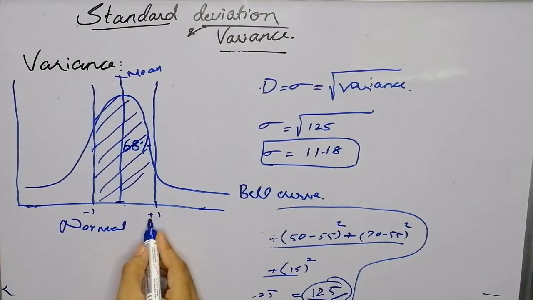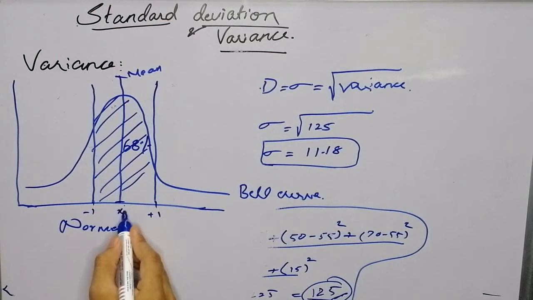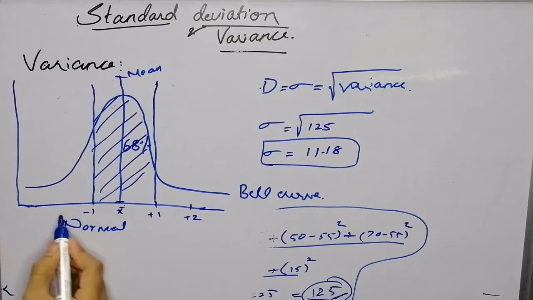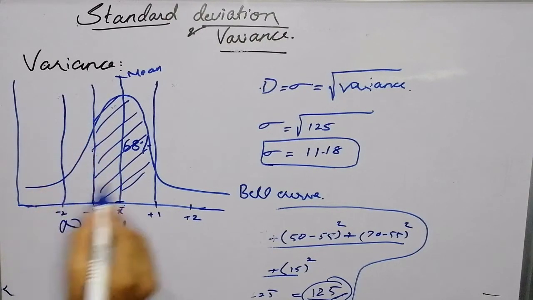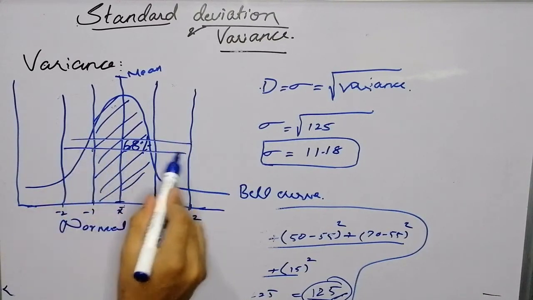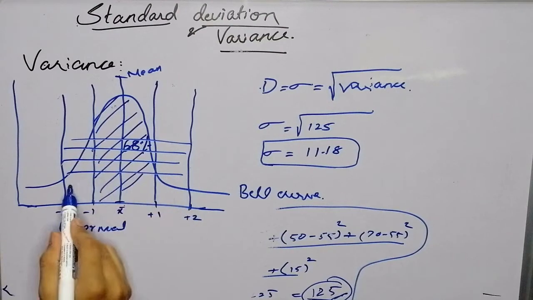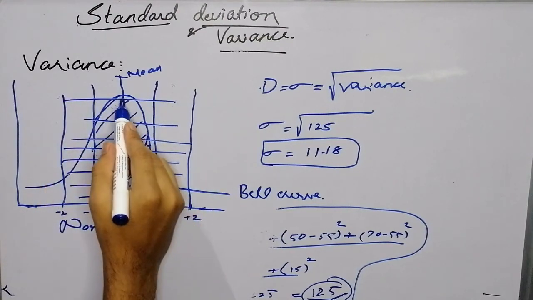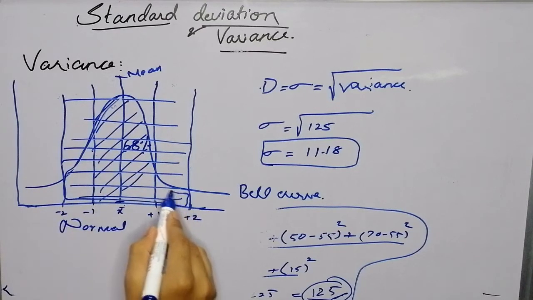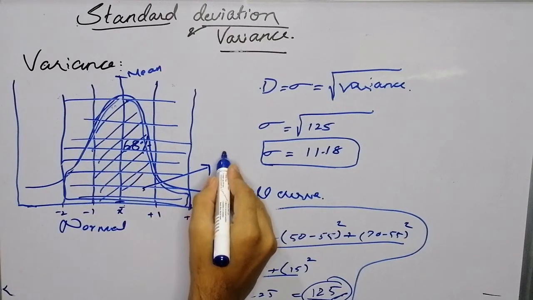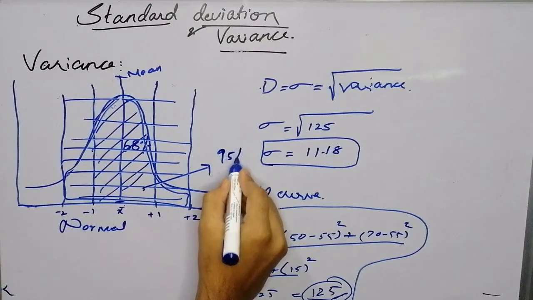Now from x bar, 2 standard deviations ahead and 2 standard deviations backwards, in this entire range we have 95% of the data.